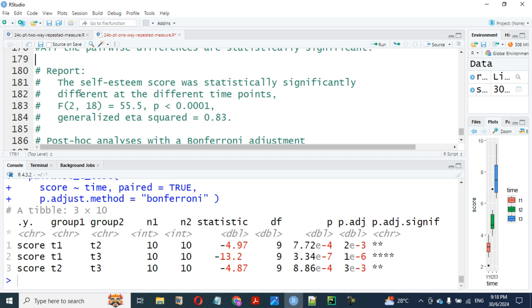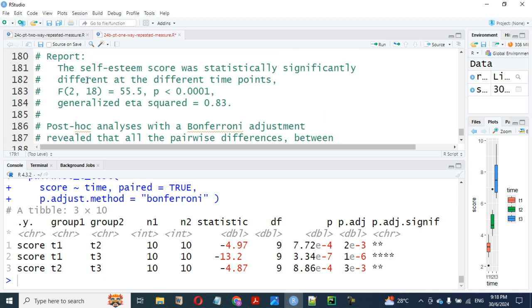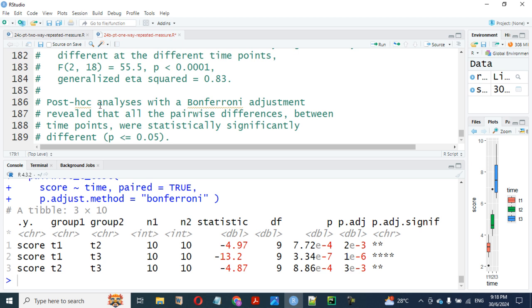So the self-esteem score was significantly different at the different time points. Okay, we have this as our result, and generalized eta squared is approximately 0.83. That is just what I repeated now.